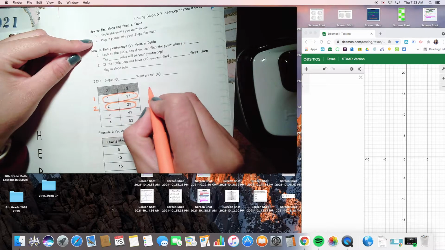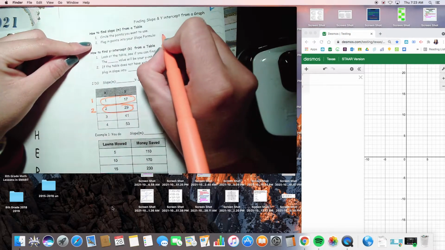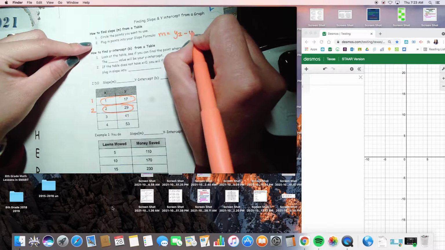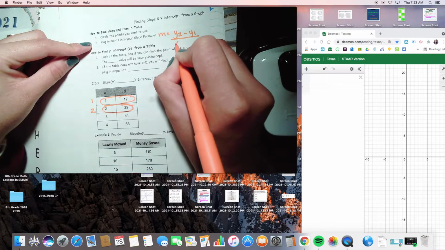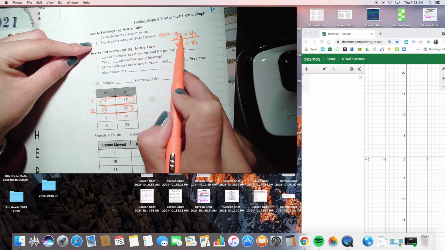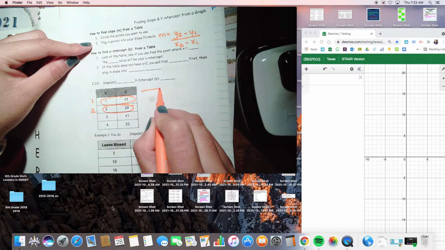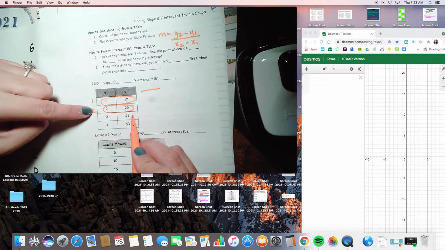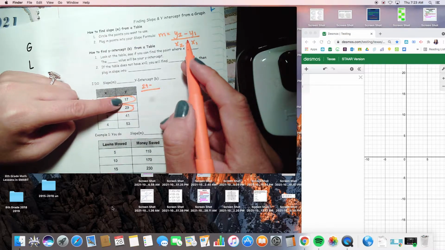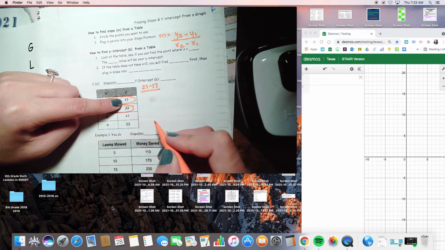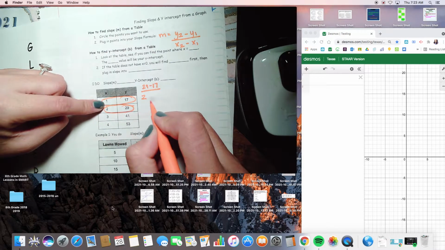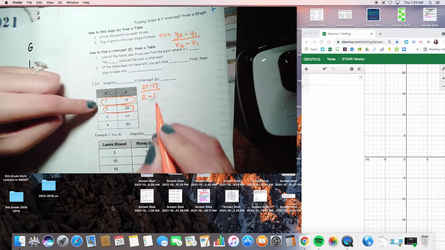Okay? And my slope formula is m equals y2 minus y1 over x2 minus x1. So I'm going to go and set it up. My y2 is going to be 29, minus my y1, which is 17, over my x2, which is the number 2, minus my x1, which is my number 1.